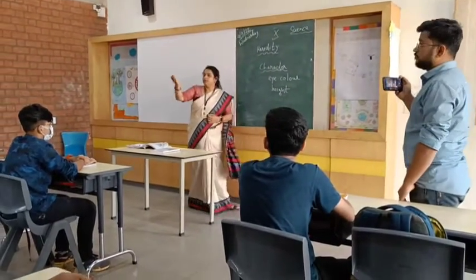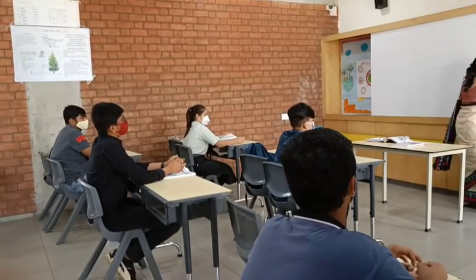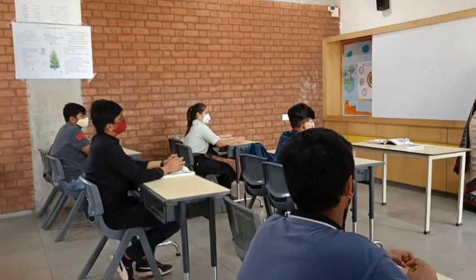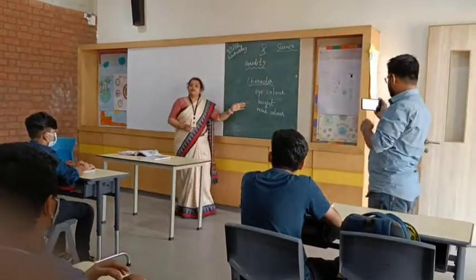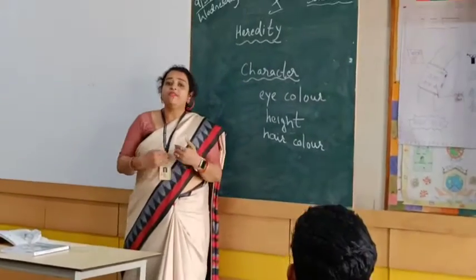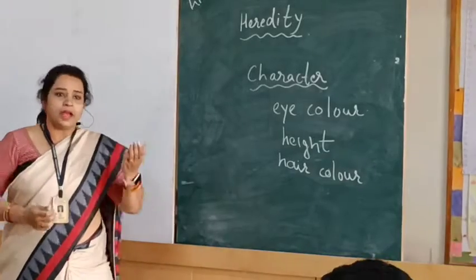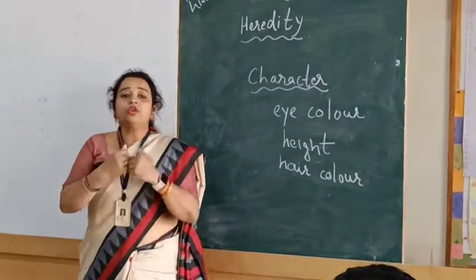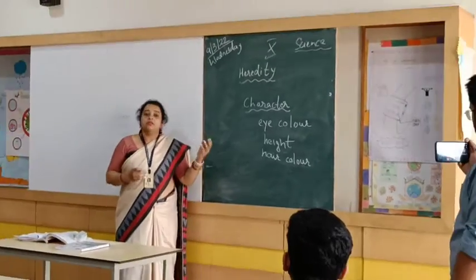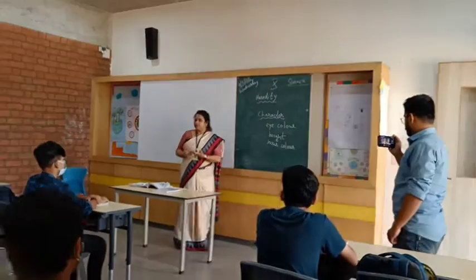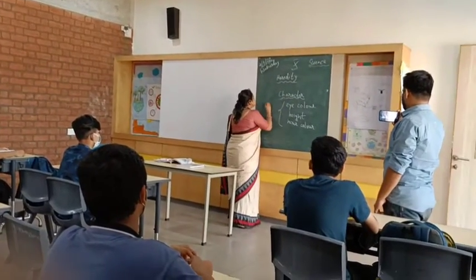Anything else you want to add? Hair color, hair growth. Very good. Hair color, hair texture even. So these are all the characters which you have inherited from your parents or your great grandparents. And it is not only you, your siblings also have the same characters. Similar, not same but similar characters. So these are all called traits.